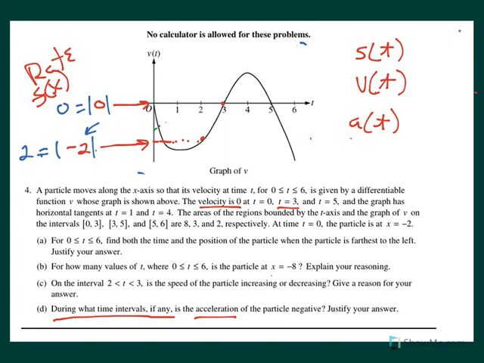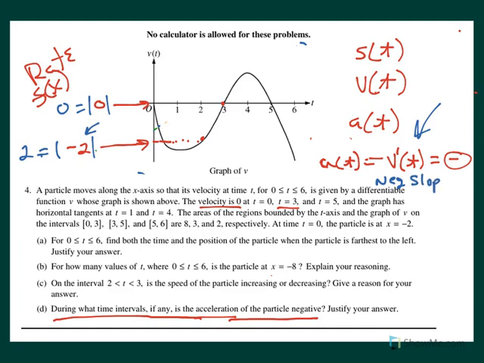So we know that acceleration is just the derivative of velocity, and they want to know where that is a negative value. So basically you want to know where the slopes on the velocity function are negative slopes. So we want to find the places where we have negative slopes on function v.